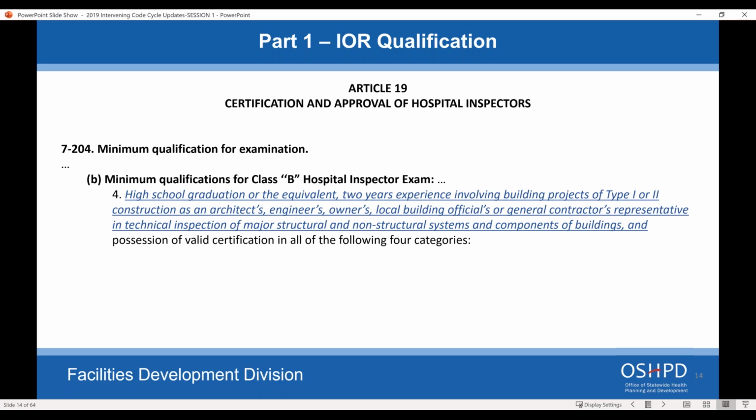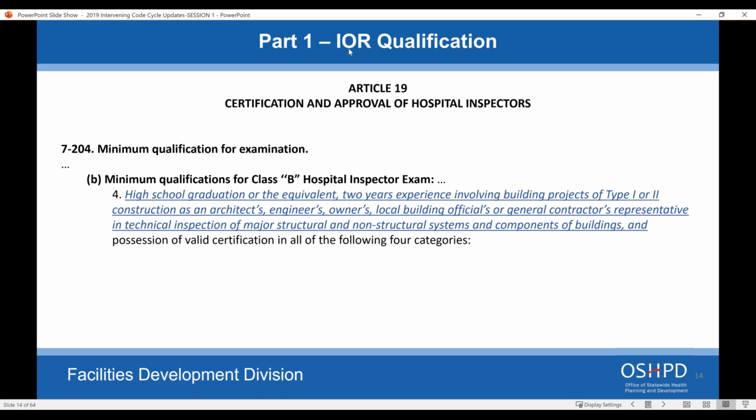For the IOR Class B inspector exam, there's just some clarification on the requirements needed to meet the minimum qualifications to be a Class B inspector.